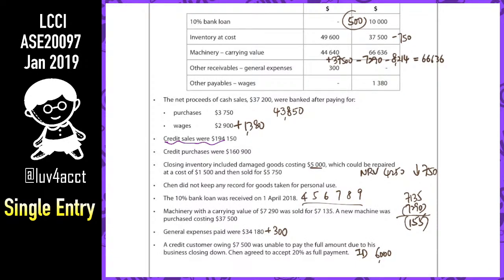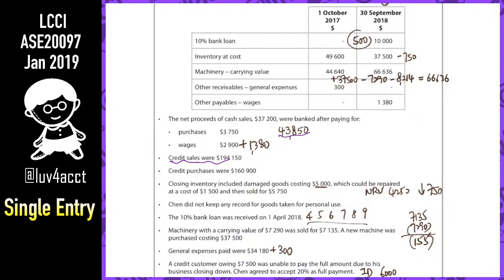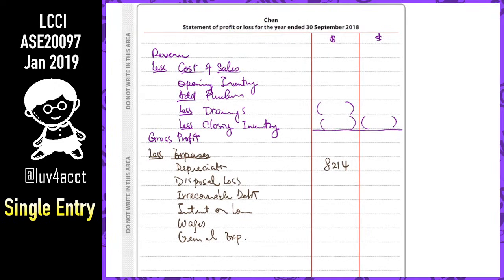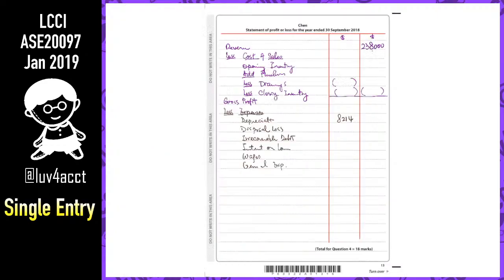And then cash sales here, plus 43,850. So we have 238,000. Let us deal with opening and closing inventory.